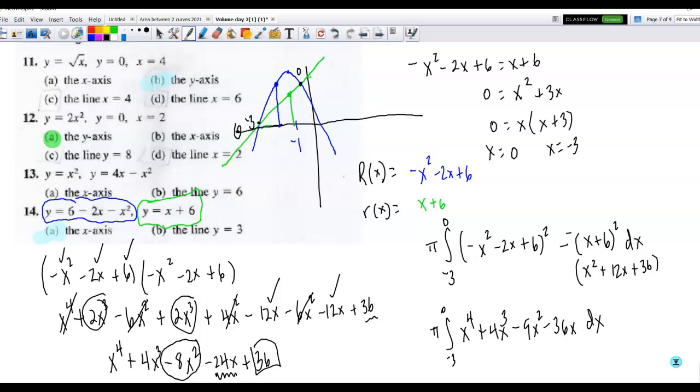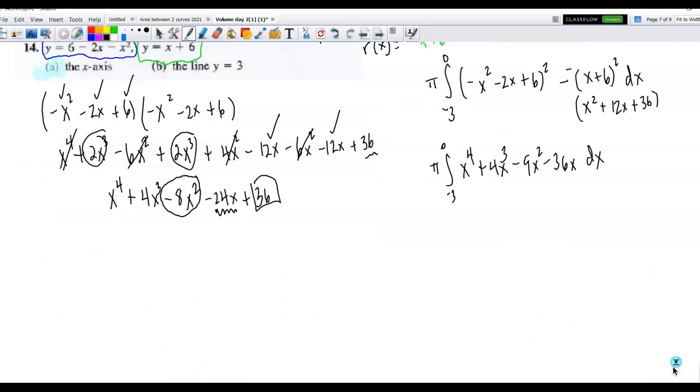And then lastly, the last thing I'm going to do right now, oh, thank goodness for that 0. So we have pi times x to the 5th over 5 minus, that'll be 4x to the 4th over 4, so that's just x to the 4th, minus 9x cubed over 3, which will just be minus 3x cubed, minus 36x squared over 2, so that'll be minus 18x, evaluated from negative 3 to 0.